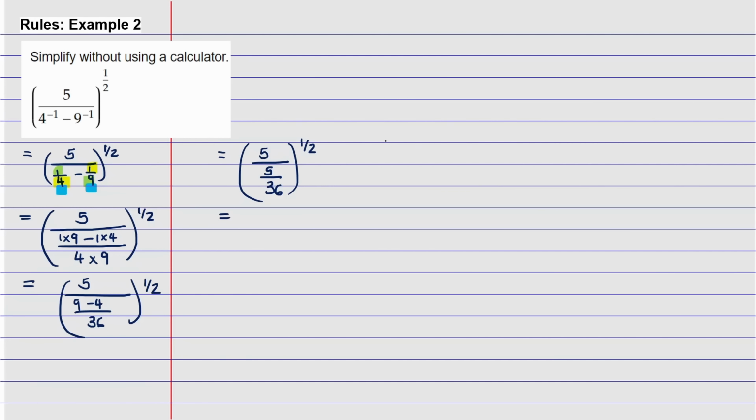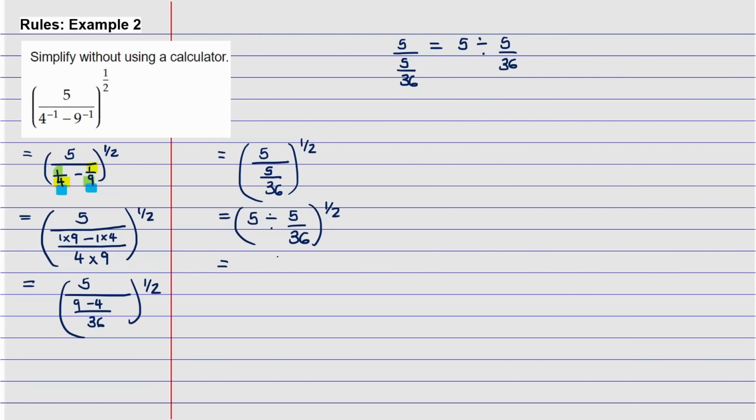So I can rewrite this. 5 divided by 5 divided by 36 is the same as saying 5, using the division sign, by 5 divided by 36. So that's the same thing. So this is going to be 5, then divided by 5 divided by 36, right? And this whole thing is going to be to the power 1 over 2. Remember they say without the use of a calculator, so we can't use a calculator, right?